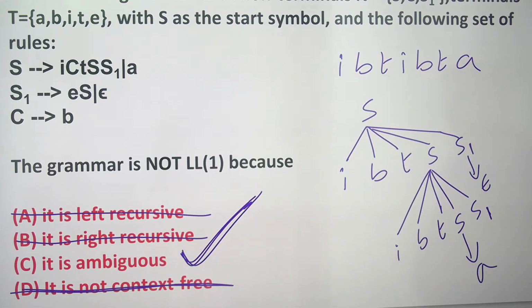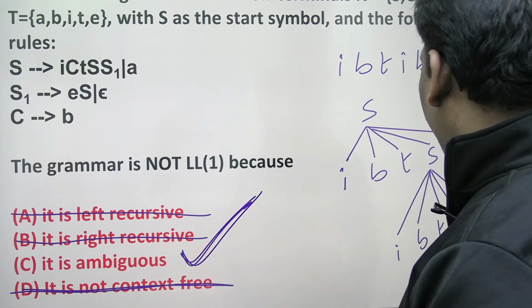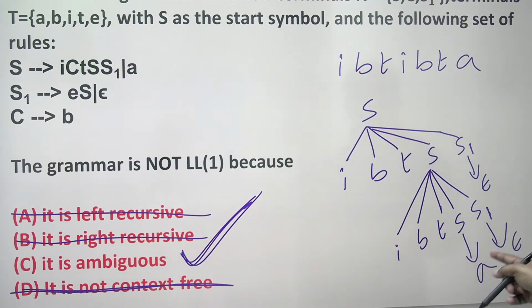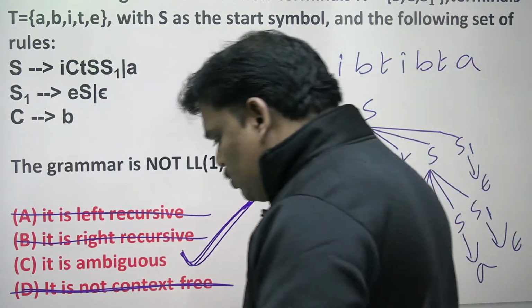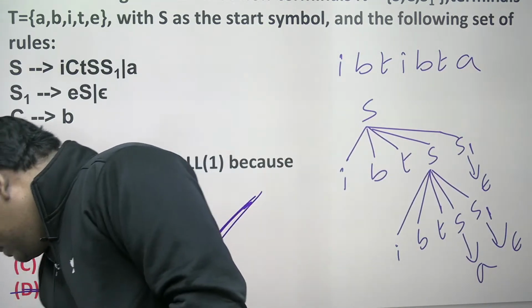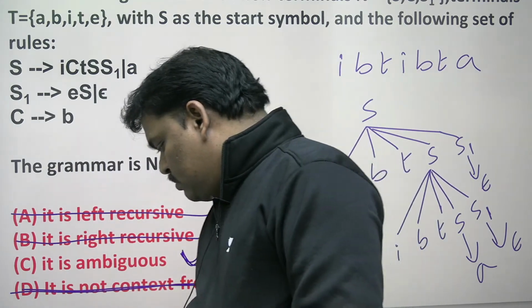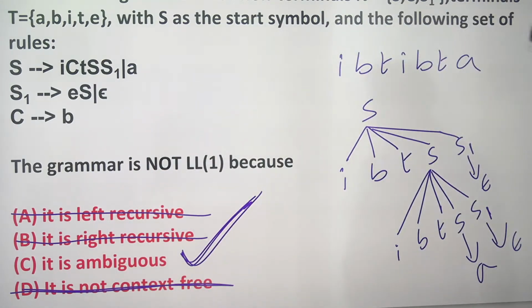Any other way? This S1 is anyhow epsilon. IBT A, I already got one tree. Can you give one more? Is one more tree possible?